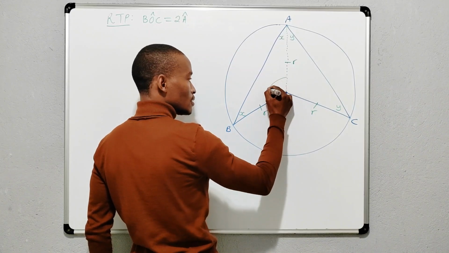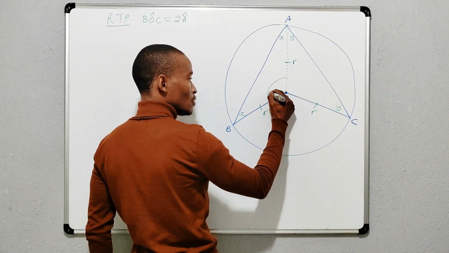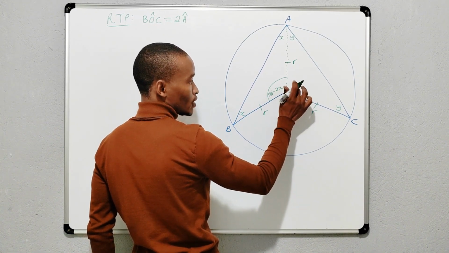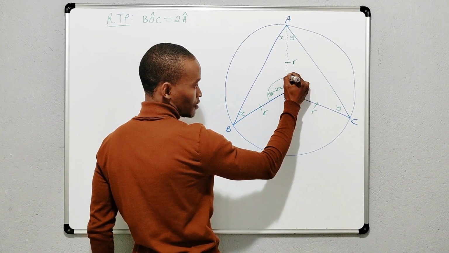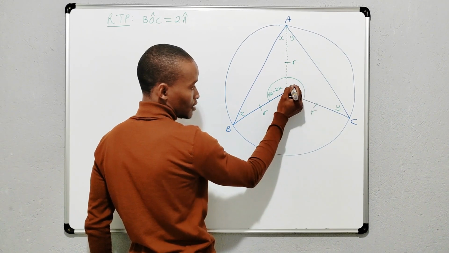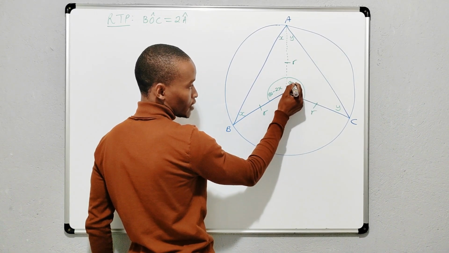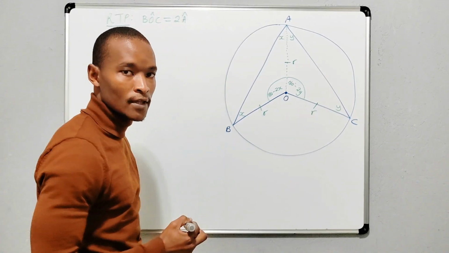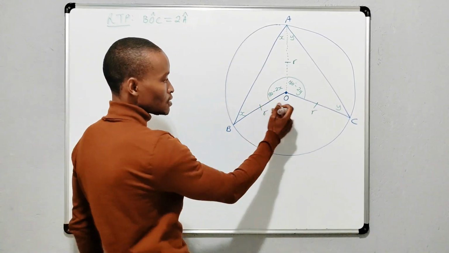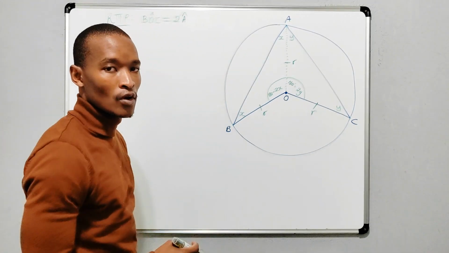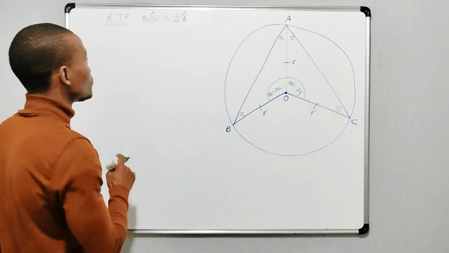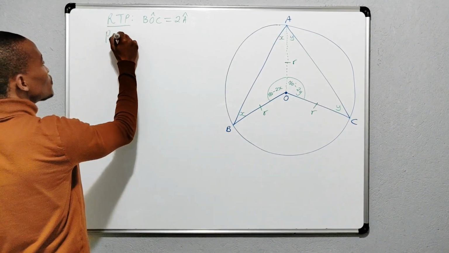So this angle here will be 180 degrees minus 2x. What can you say about that angle there? That side, this guy will be 180 degrees minus 2y. Okay, and we will later talk about the revolution or angles around the point. So that is the essence of the proof. So let's go for it.